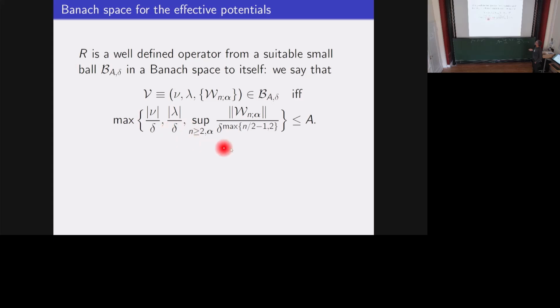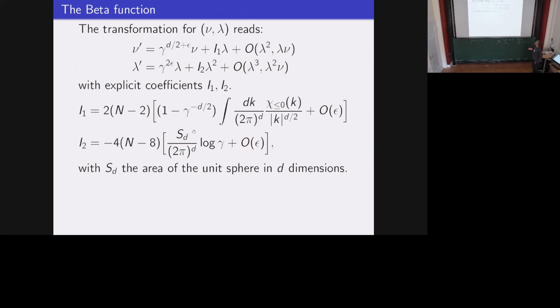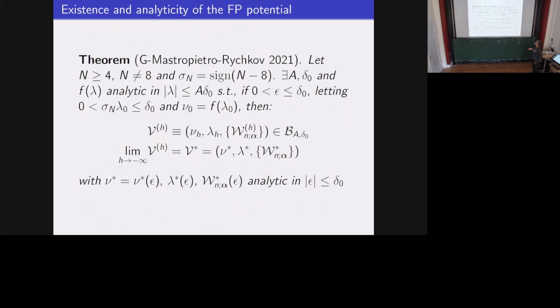The norm of an element in the Banach space is defined by this, and what we prove in our first theorem is that if lambda is small enough and if you fix mu 0 appropriately, then this sequence of rescaled effective potentials remains in the same Banach space at all steps, and it converges to something non-trivial.